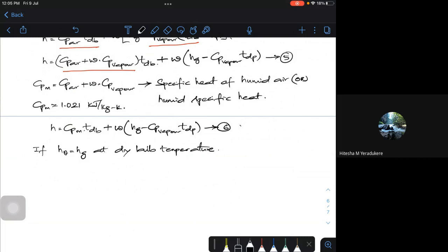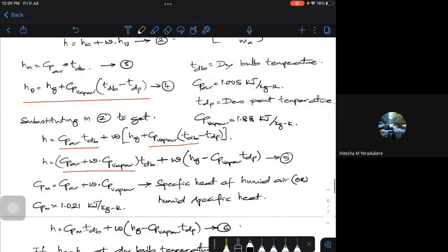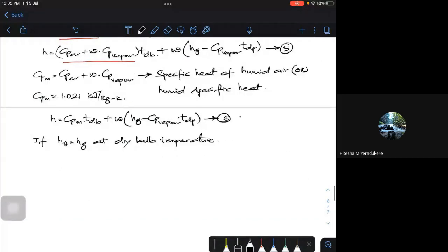Cp of vapor into the temperature is for a superheated condition. It is simply a saturated condition. Then what will happen to your HV?